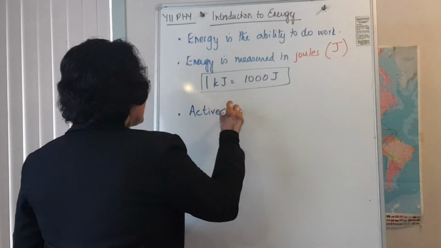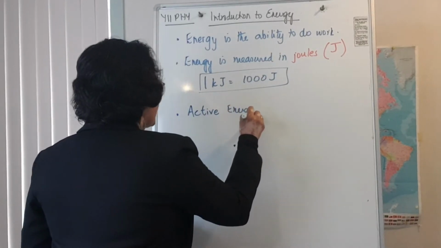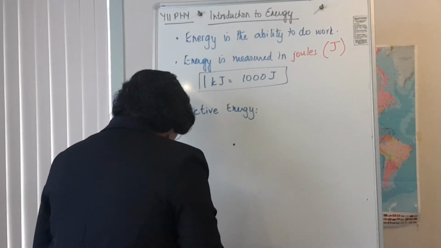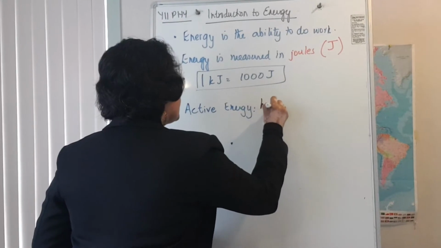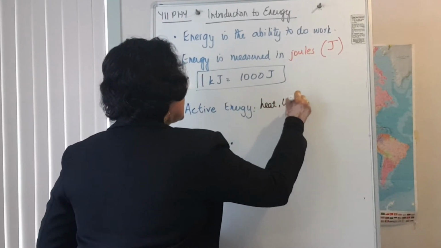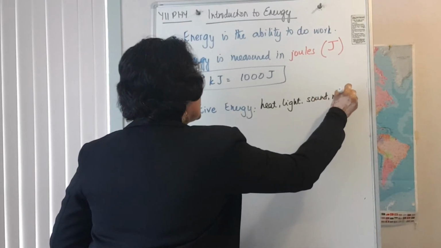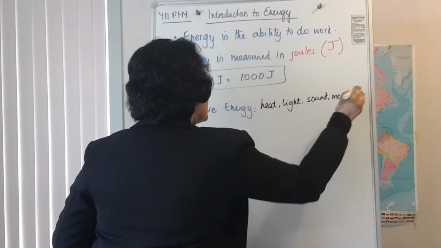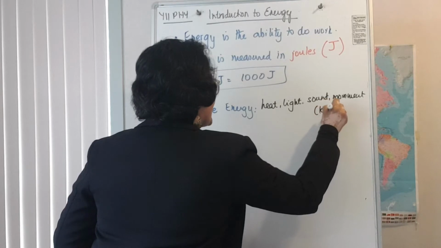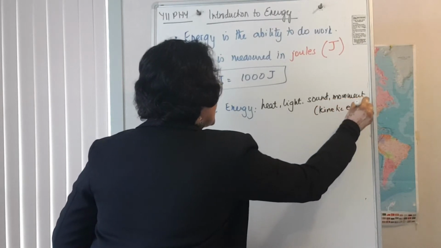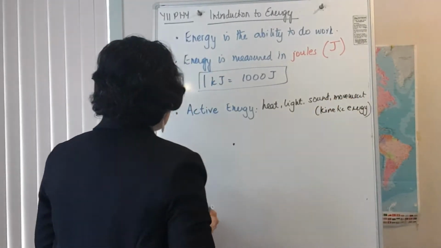So there's active energy. And this active energy comes in the form of heat, light, sound, and movement. Now this energy because of movement is what we call kinetic energy, and we're going to be learning a little more about kinetic energy in a bit.